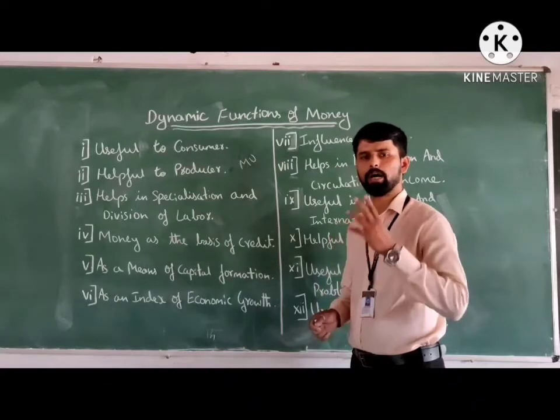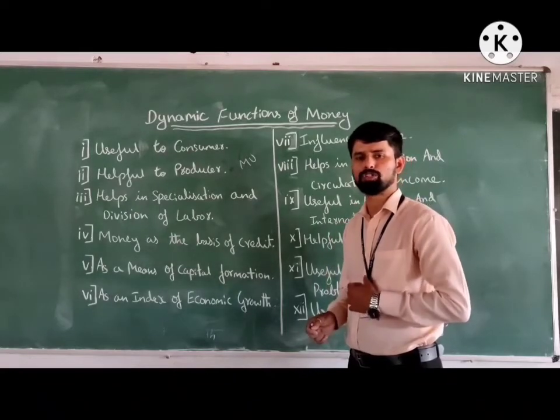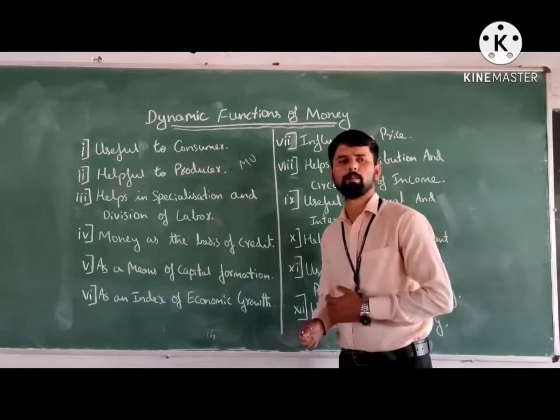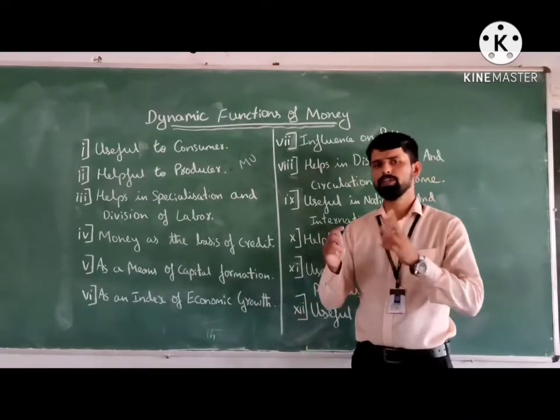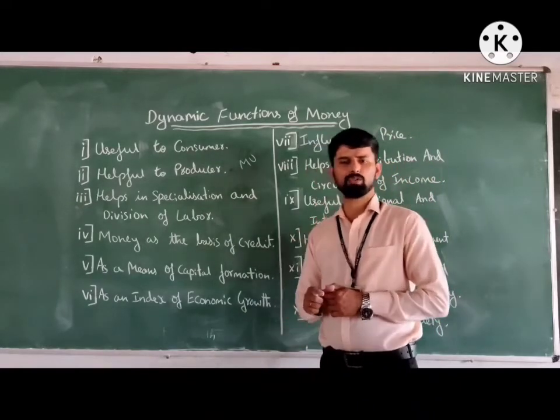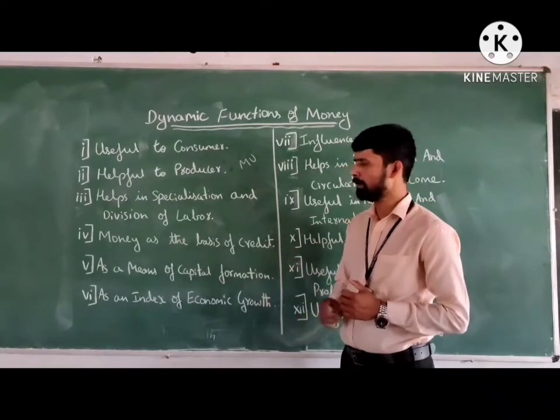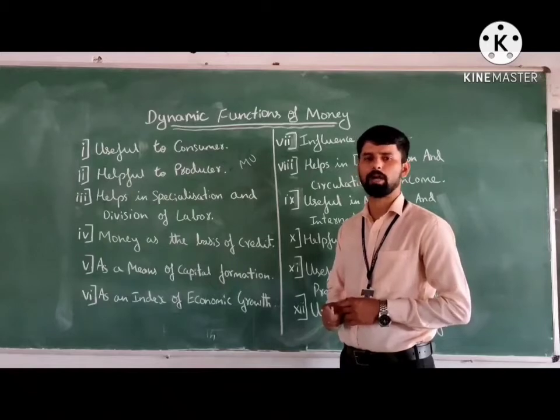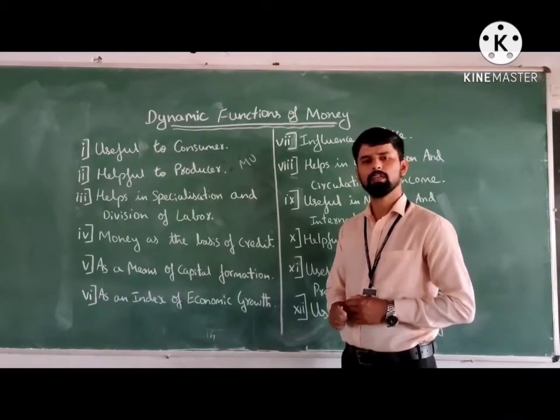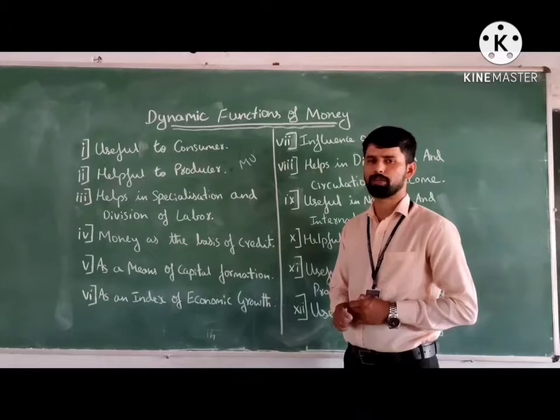They create credit by accepting deposits, and over accepting deposits, they also pay a certain sum of interest over the deposits of the individuals. So that's why money has to create credit by the financial institutions in the country.